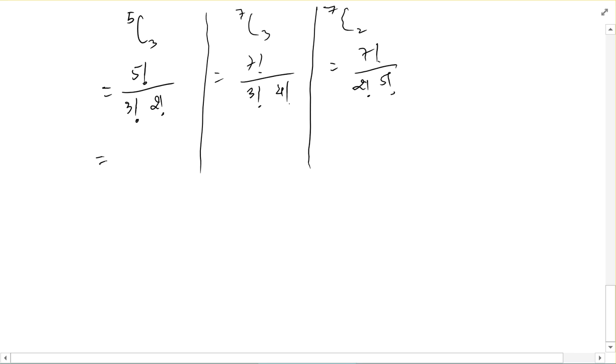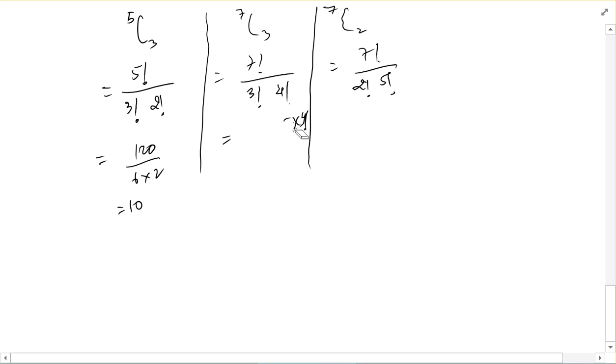Okay. So 5 into 4 into, we'll stop at 3, or we can also do like this. Okay, we just calculated this. These are small values, so we can say 120 by 6 into 2, that is 10. Okay. 7 into 6 into 5 into, we'll stop at 4.